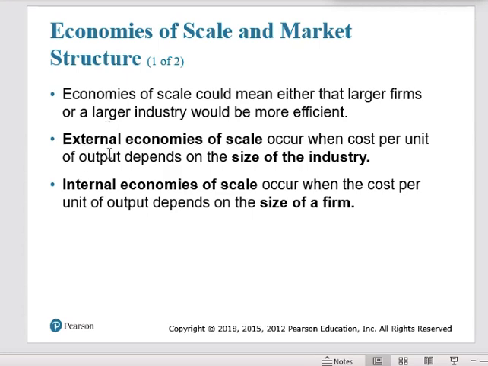External economy of scale happens when costs per unit of output depend on the size of the industry. Think about it: you are just part of the industry, and then you will benefit. Your costs will benefit if the industry is large.